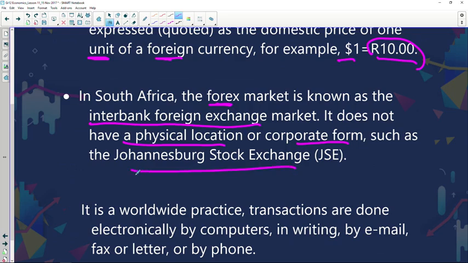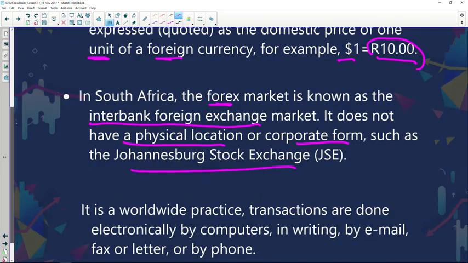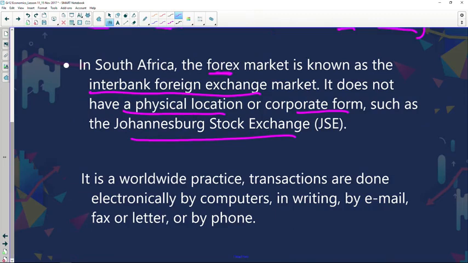So you can't say, I'm going to Newtown or I'm going to Sandton to the office of the foreign market. It does not have a physical location, and it is known as an interbank foreign exchange market. It does not also come in a corporate form, such as organizations like the Johannesburg Stock Exchange, those that trade in securities and in shares as well.